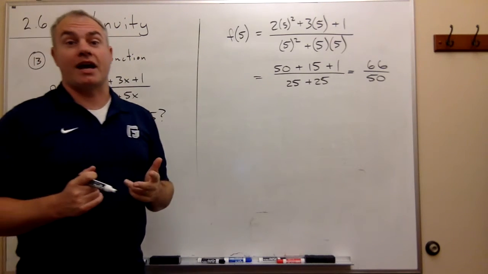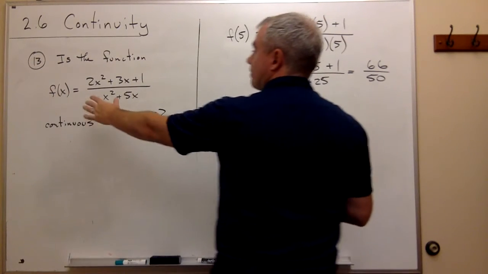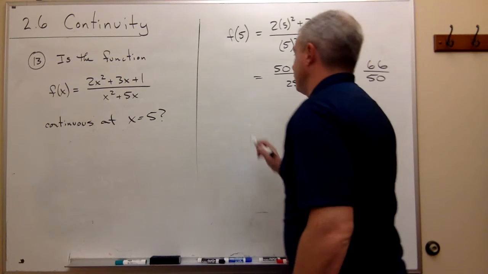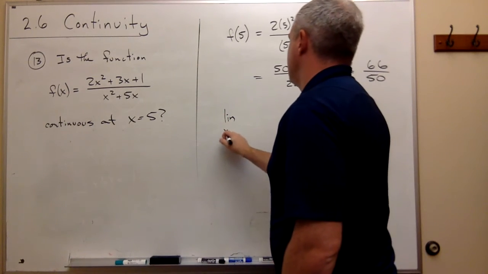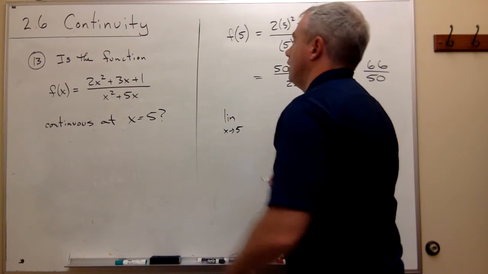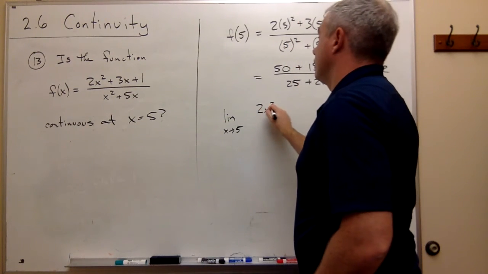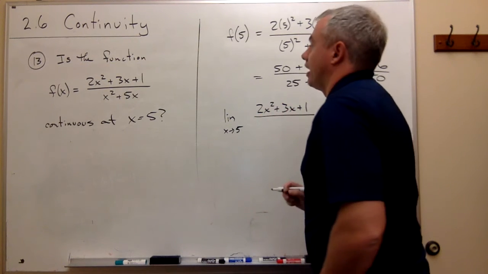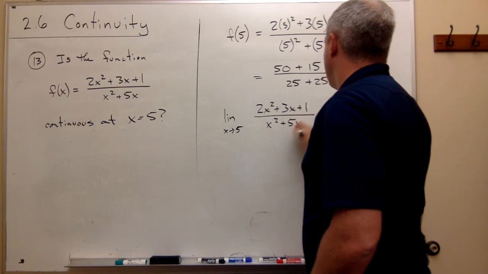The second question we need to ask is, do we get a limit value at 5? Same question, except now I'm going to take the limit as x goes to 5 of this function, 2x squared plus 3x plus 1, divided by x squared plus 5x.